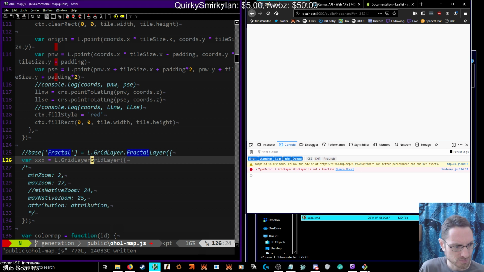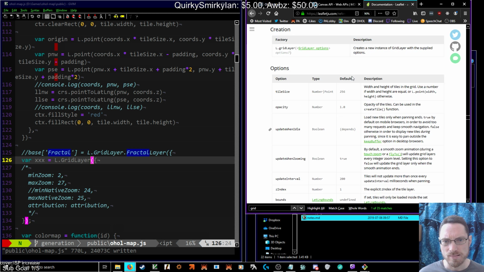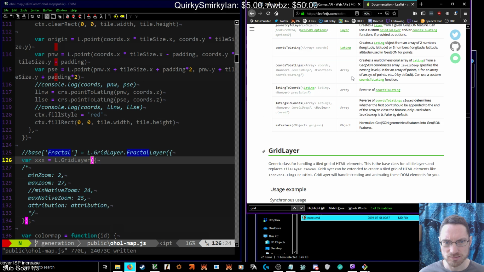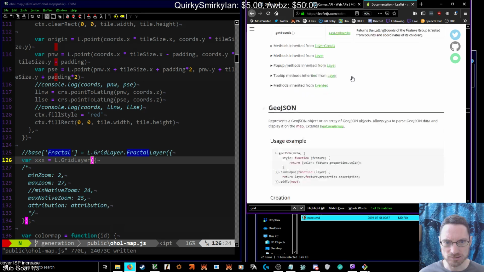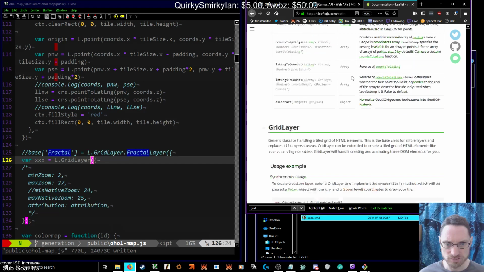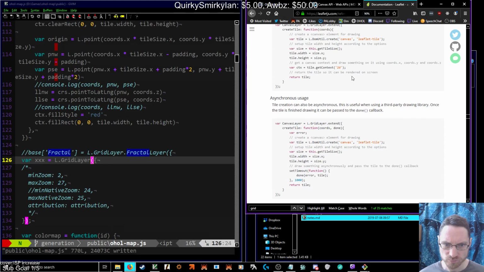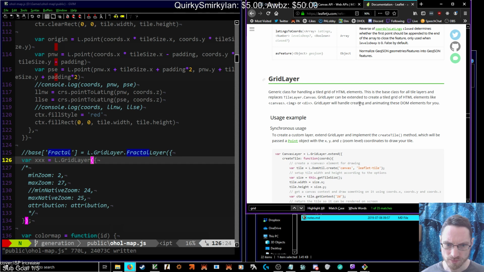Oh. Is it L grid layer? And it's just called grid layer. And implement the create tile method.